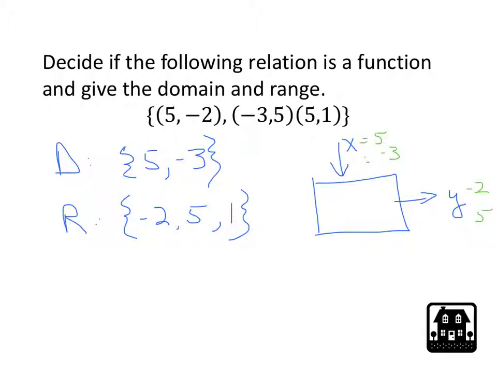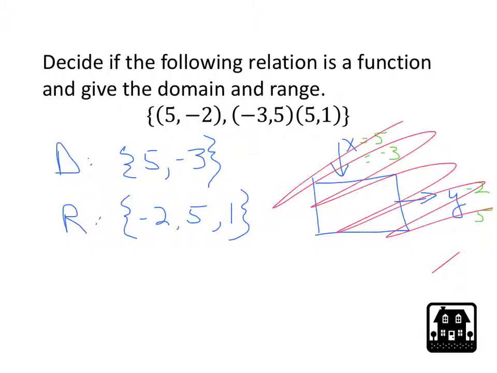And if x is 5, which we have here, then we expect that y is negative 2, but this tells us, no, y is 1. Well, that can be true in a relation, but it cannot be true in a function. This function will not work if we put 5 in and we have a possibility of getting negative 2 or a 1 out. So this is not a function.